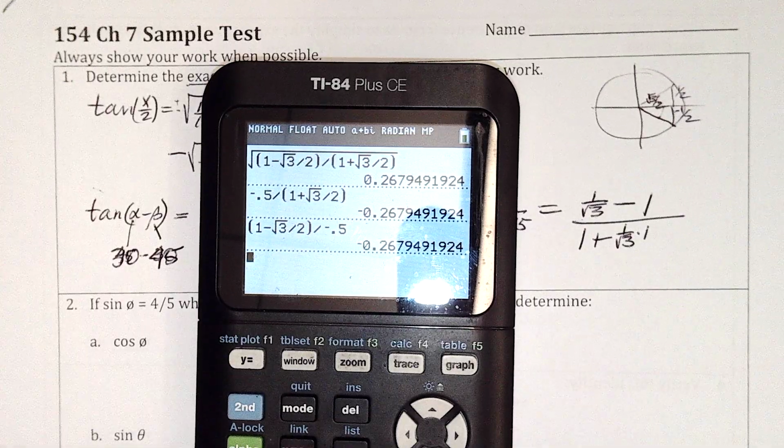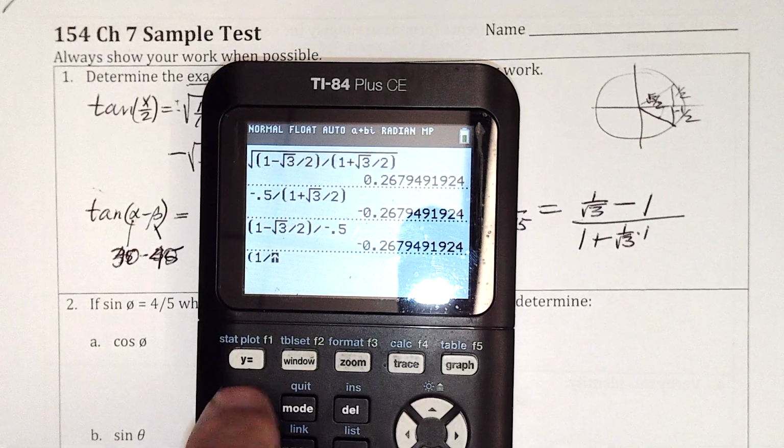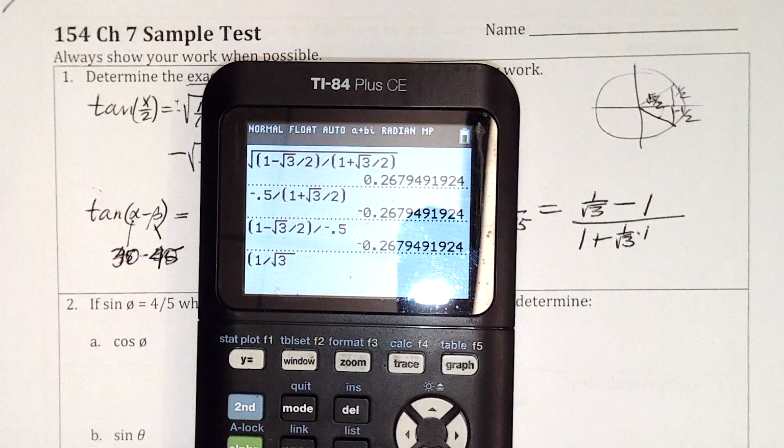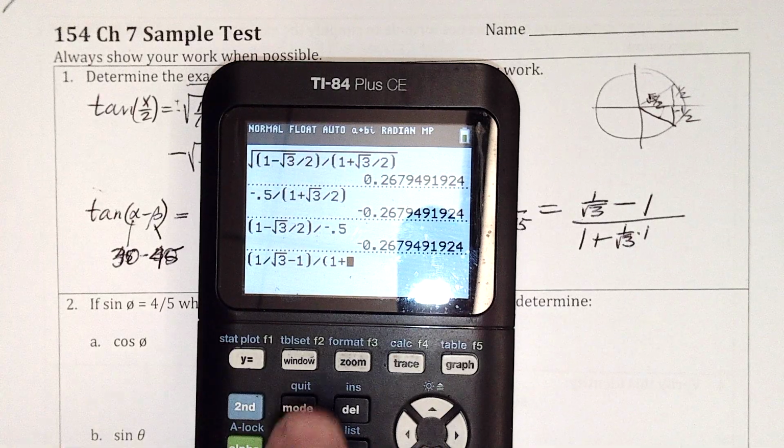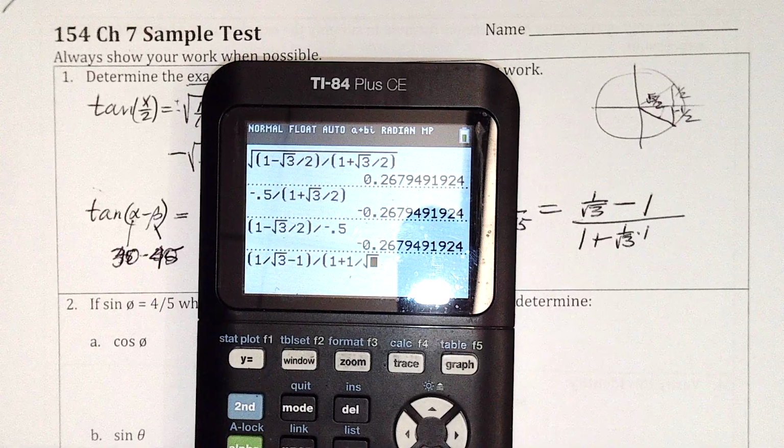So let's try 1 divided by the square root of 3, that minus 1 is the numerator, divided by, open parenthesis, 1 plus 1 divided by the square root of 3.